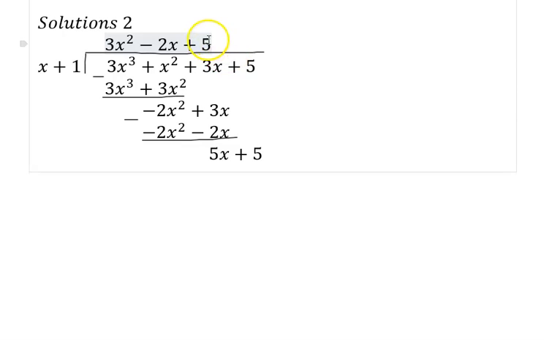Beautiful. If you now say 5 times this x, it will give you what? 5x. Awesome. This 5 times this x will give you this 5x. So then 5 times 1 here, it's plus 5 times 1 will give you what? 5.